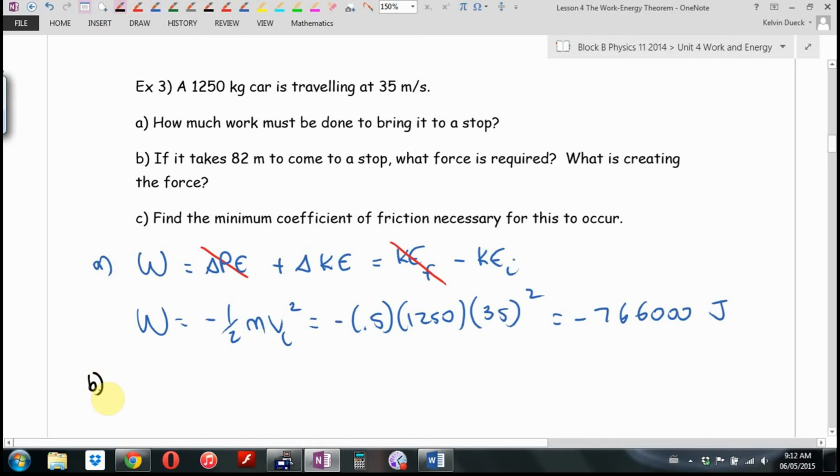Part B, Cade, what does B want me to find? What did we just find in part A, Cade? Work. Can you think of an equation that has work and force in it? Now we're going to bring out that equation.